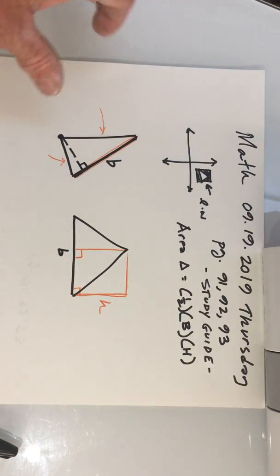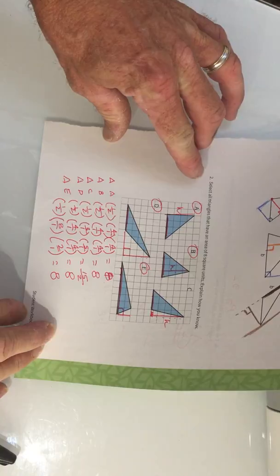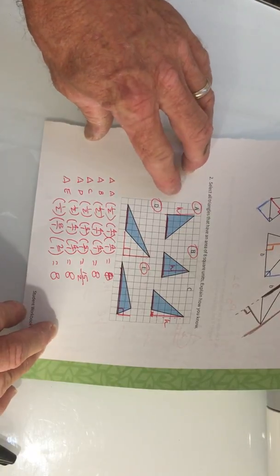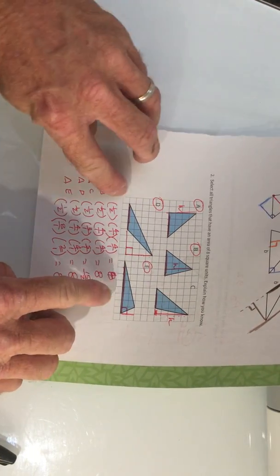The very next one was a question, and I'll just show this one to you very quickly, which was asking to select all the triangles that have an area of 8 square units. We went through each and every one of them, getting the height labeled according to the base.